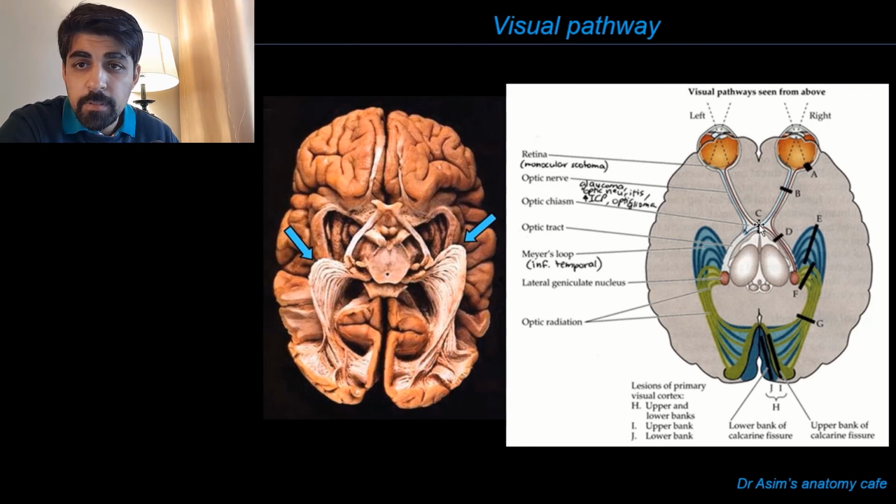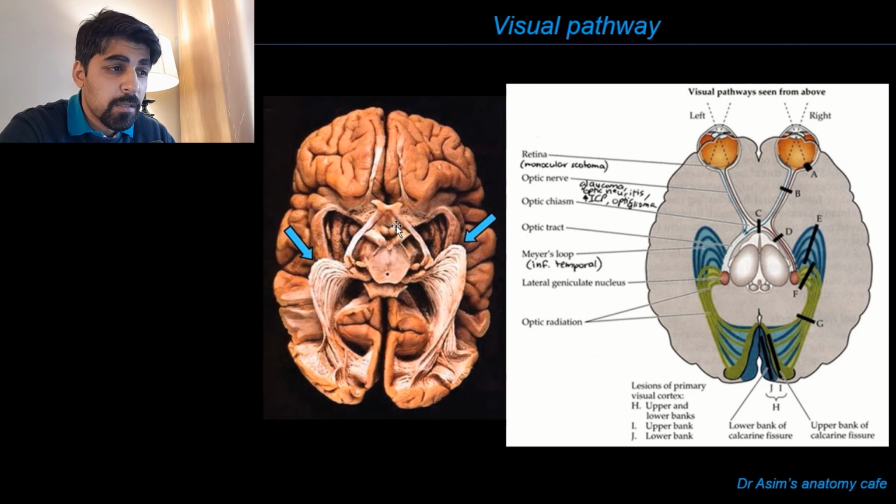Another important thing which I need to mention over here before we actually extend backwards from the lateral geniculate body is that, have a look at this important relation over here. We can see the optic chiasma over here. If we look at the base of the brain, the optic chiasma is very nicely visible over here. Right behind the optic chiasma, you can see this region over here. That's the base of the brain. This is an elevated region in the base of the brain, which is known as tuber cinereum.